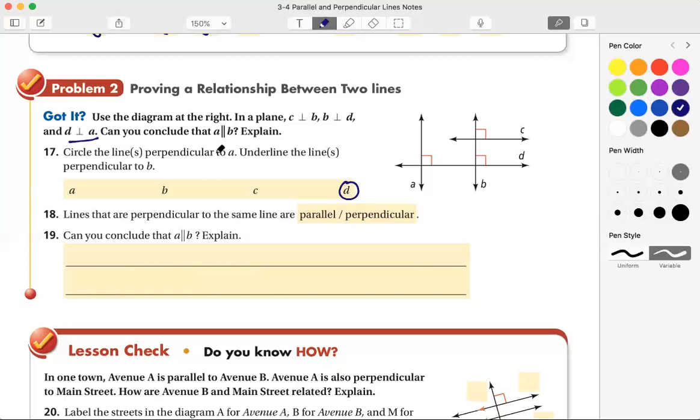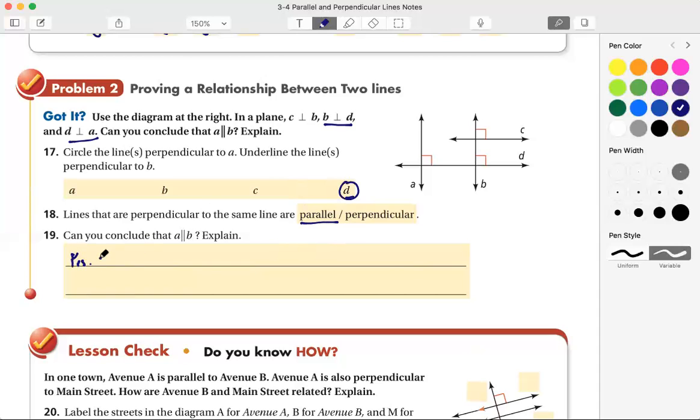All right, underline the line that's perpendicular to B. Which one's perpendicular to B? Well, they're there, B and D. So that one's for both of them. So lines that are perpendicular to the same line must be parallel. So there we go, there's our proof. Okay, so yes.